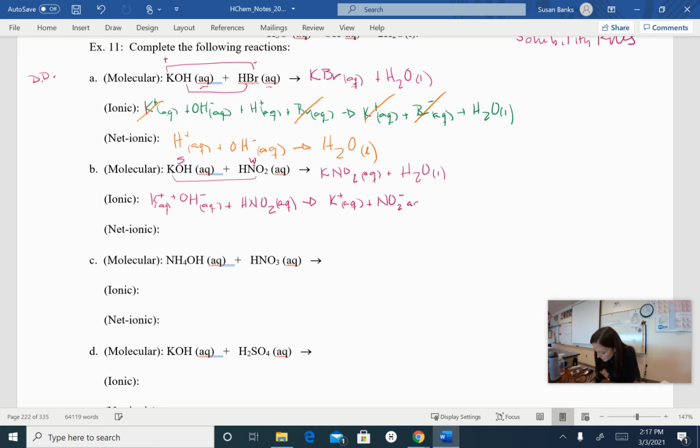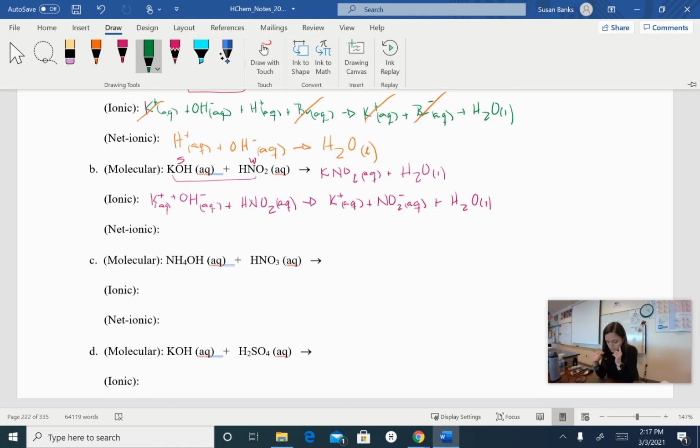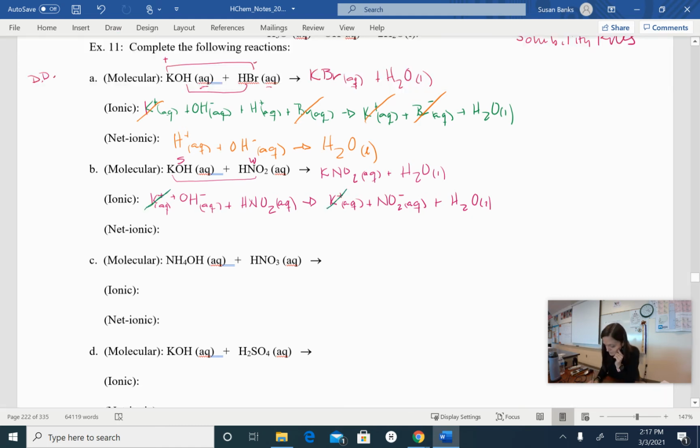Nitrite is going to be off by itself. And water is going to stick together. Okay? Now, what are the things that repeat? There aren't a whole lot of repeaters here, are there? The only thing that really repeats is the potassium.